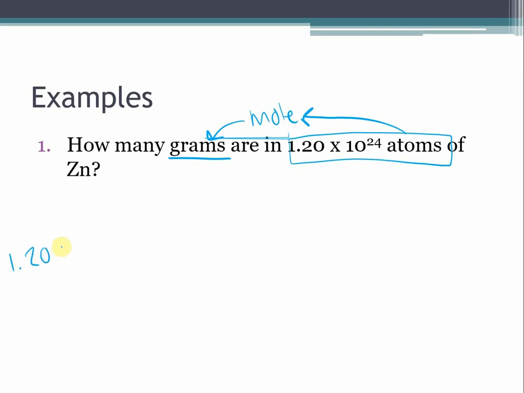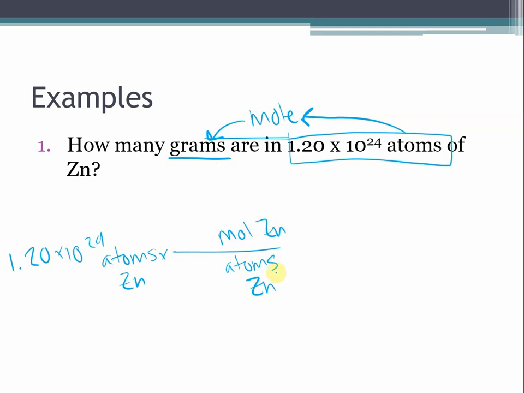1.20 times 10 to the 24th atoms of zinc times a fraction. What goes up must come down, so atoms of zinc will come down. We are trying to find grams in this problem, but we cannot go straight there. We have to go to moles. So we'll put moles of zinc in the top.